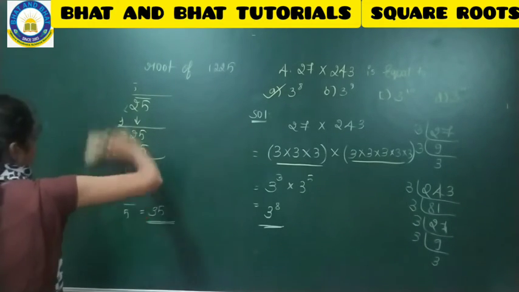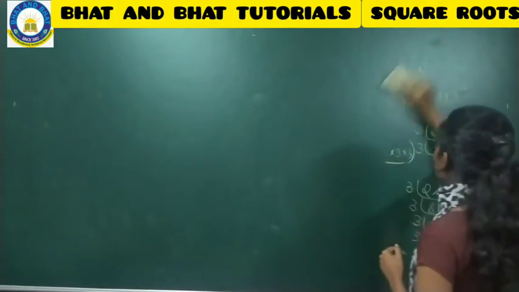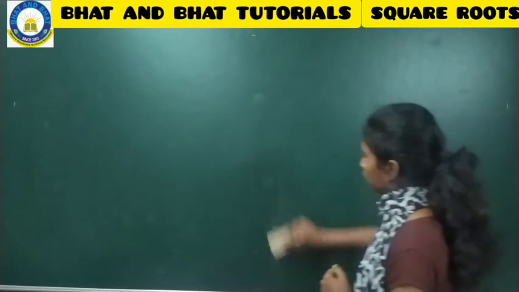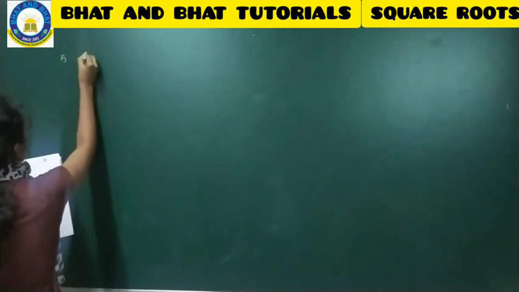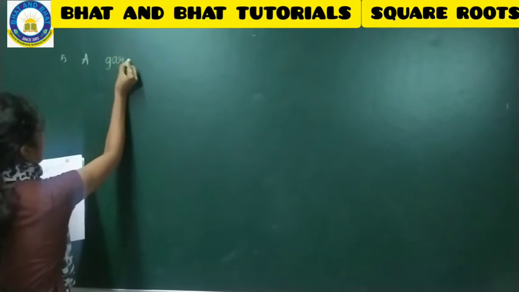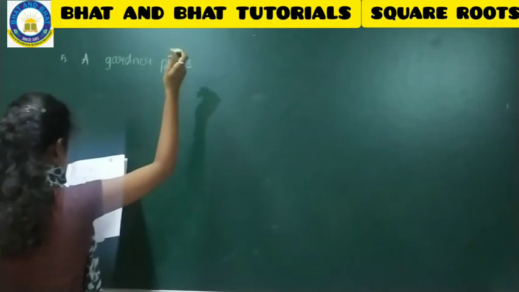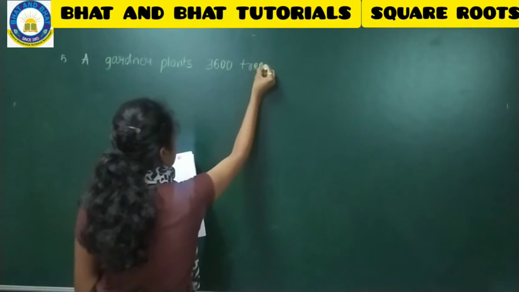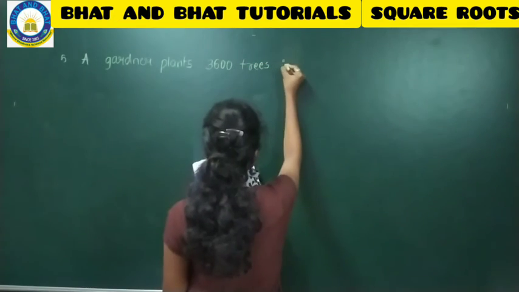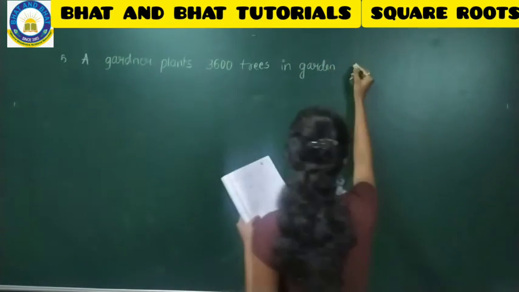That is problem number 5. So the next problem, see the question. A gardener plants 3,600 trees in a garden.